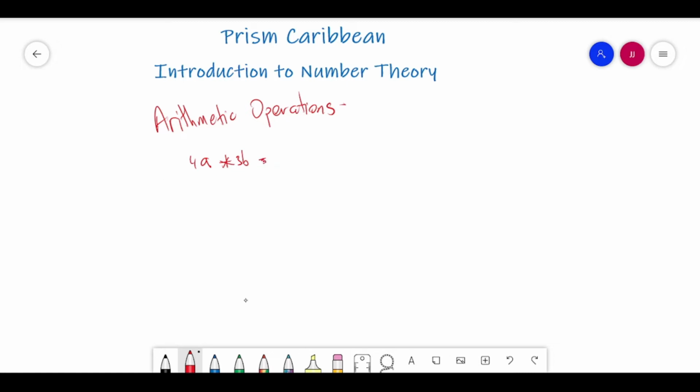So let's say they ask you for 8 asterisk 3, and they ask you to find 4A asterisk 3B, and then they tell you the asterisk in this case is known to be an addition. You would go and input and find the answer. You'll be getting to all that now. So that is the topic I would like to get into.